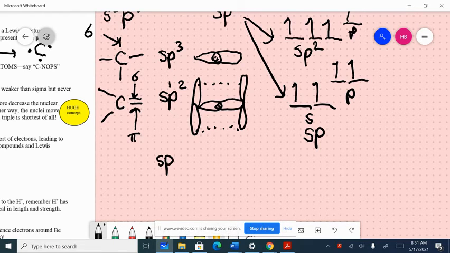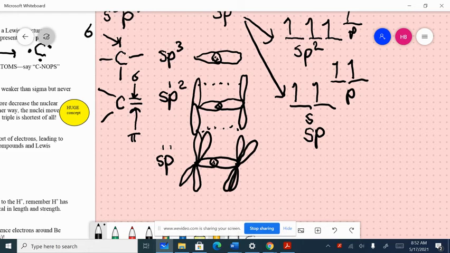So sp is going to be one S and one P. Notice the superscripts add up to 2, and that's going to be two side-to-side pi bonds, like such. It's a triple bond. So triple bonds are always considered sp hybridized. So that's going to be a carbon. Notice still 4 bonds. Carbon has 4 valence electrons, going to form 4 bonds. And a triple bond consists of 2 pi bonds and 1 sigma bond.